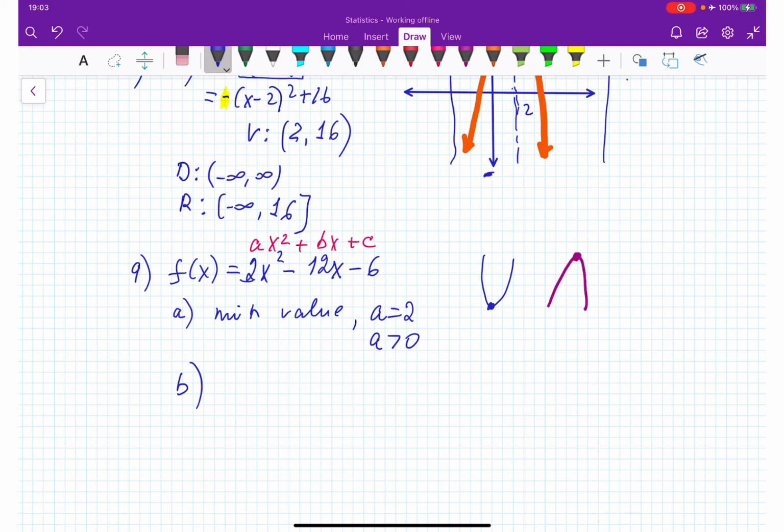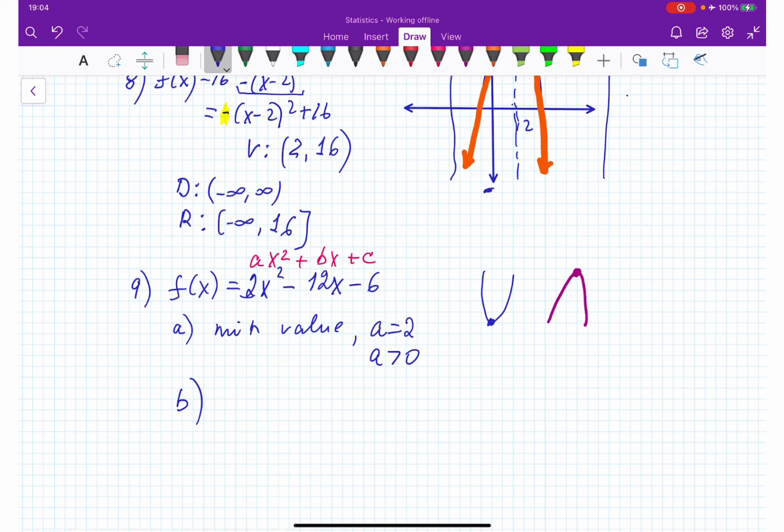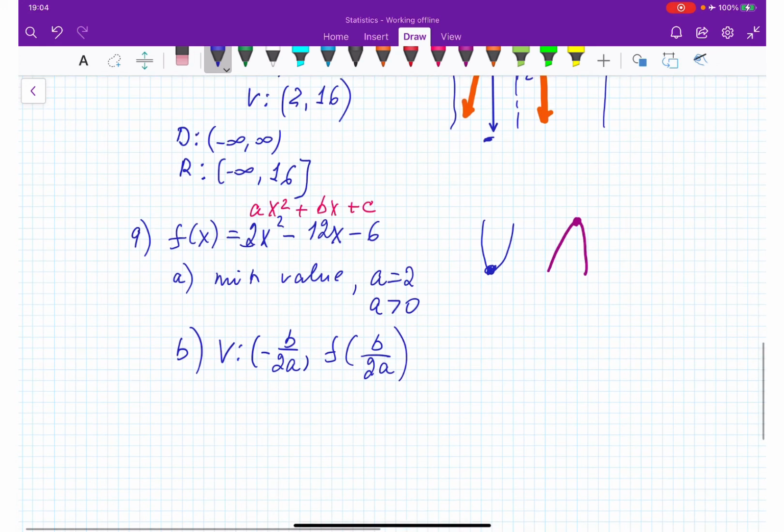And B, what's the coordinate of maximum or minimum, in this case, coordinate of minimum value? To find the coordinate, which means it's a vertex. If it's asking for the minimum, that means asking for the vertex. So the vertex has coordinates negative b over 2a and the function of negative b over 2a. So let's see, my b is negative 12, right?